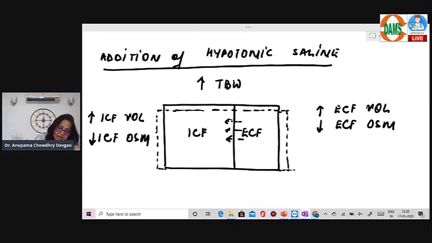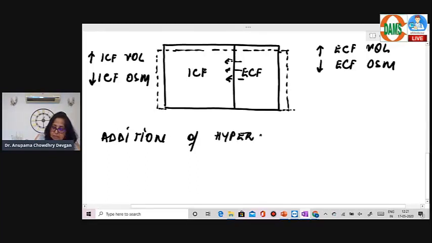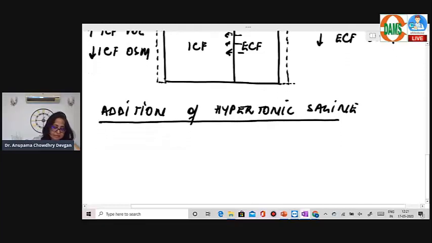Next, let's have a look at addition of hypertonic saline. Now let's see what happens.